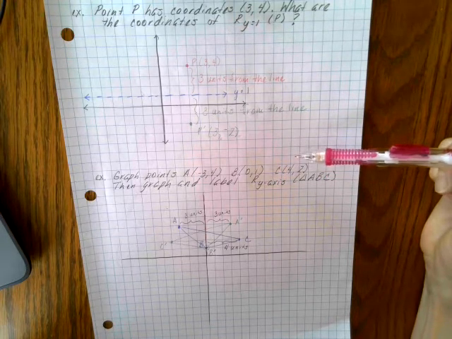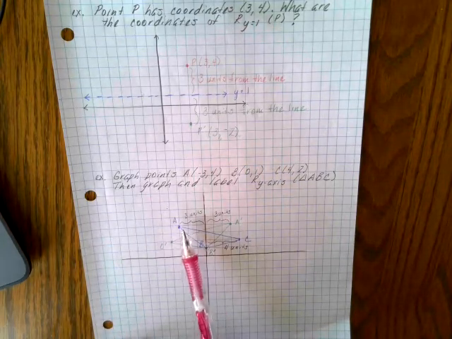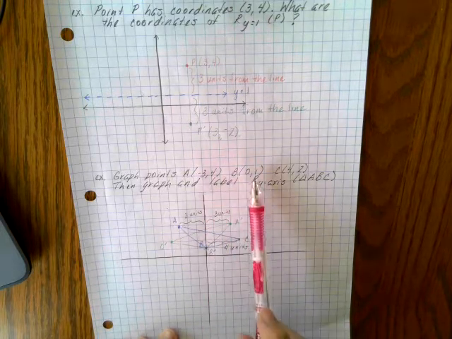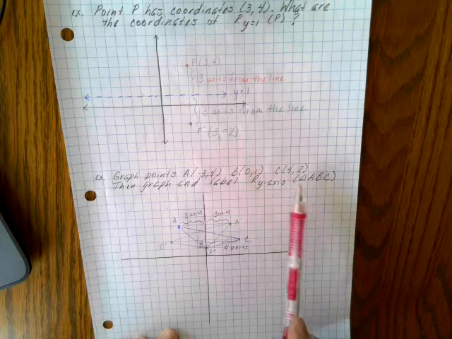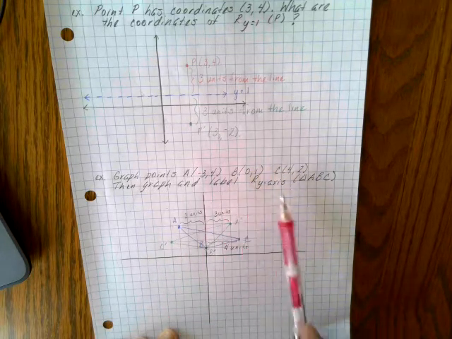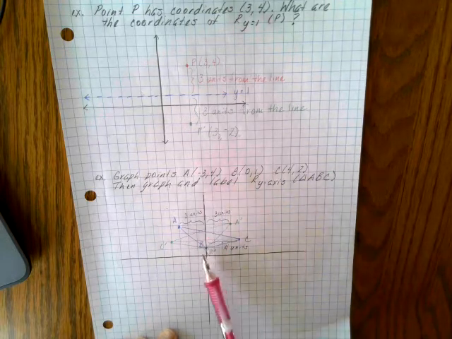So let's say I have triangle ABC, which is going to be this triangle here. A is at -3, 4, B is at 0, 1, C is at 4, 2. Now I'm going to graph and label the reflection over the y-axis of this triangle. So here's the y-axis.